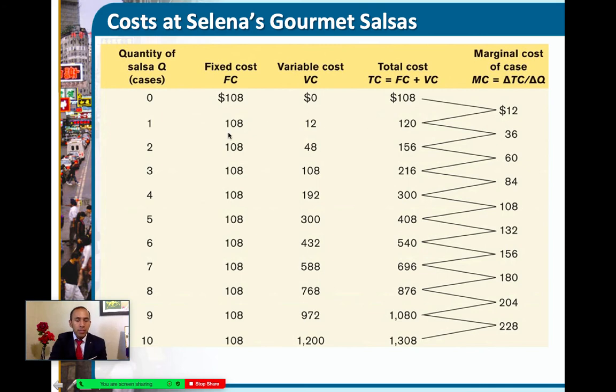But this is the actual case. So 120. 3 cases, 108 plus 108, 216. 5 cases, 108 plus $300 in variable costs, 408 total cost. 8 cases, 108 plus 768, we have 878. So our total cost is rising as we produce more.